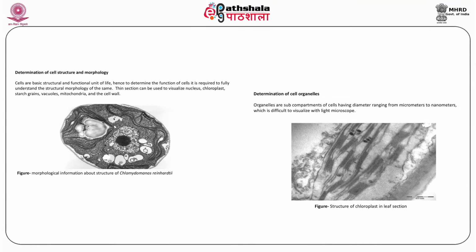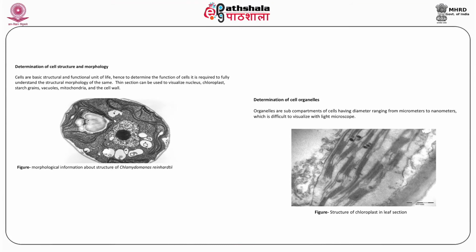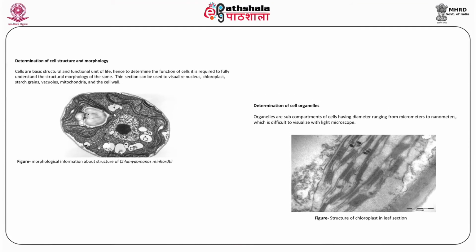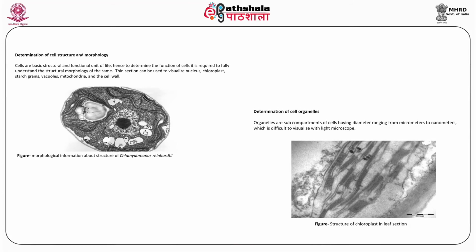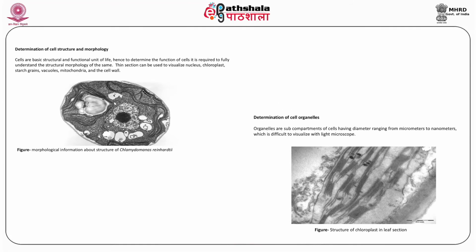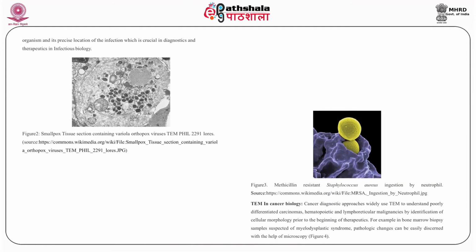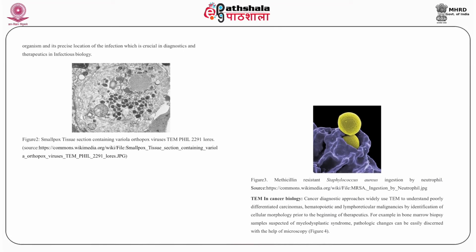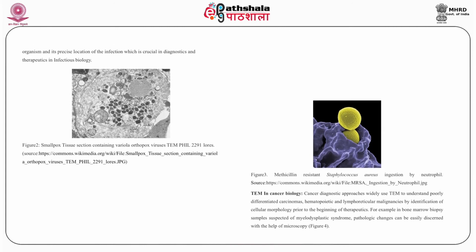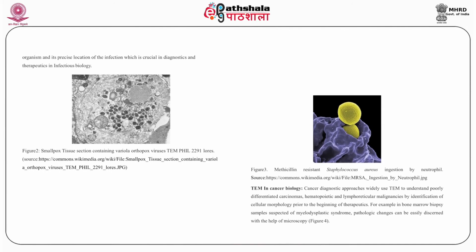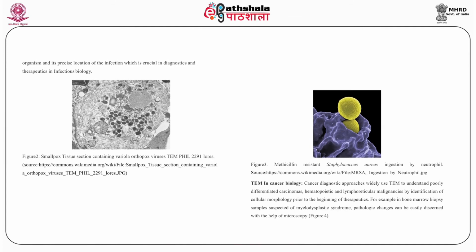Therefore, it led to the identification of the causative organism and the precise location of the infection, where it is actually causing the infection, and therefore it is very helpful in the diagnostic approach, and of course in the therapeutic approaches. Now, the other picture I am showing is a smallpox tissue section containing orthopox viruses.